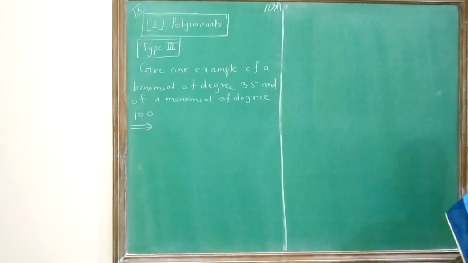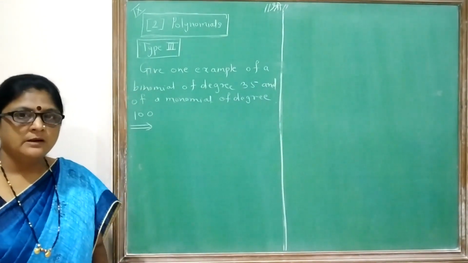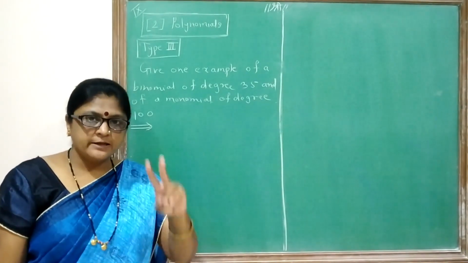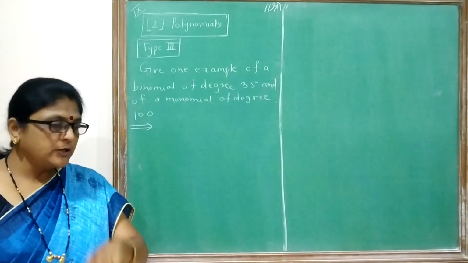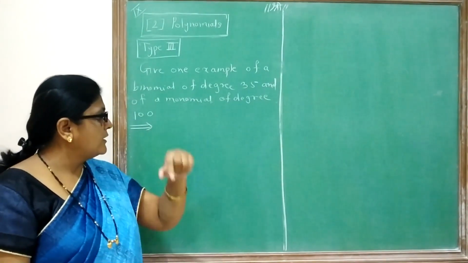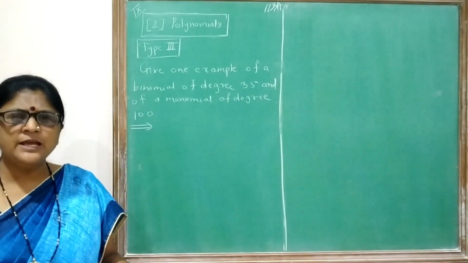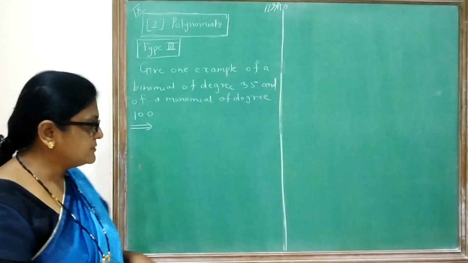Read your question carefully. Give one example of a binomial. Binomial means two terms are present. And a monomial of degree 100 means only one term is present.